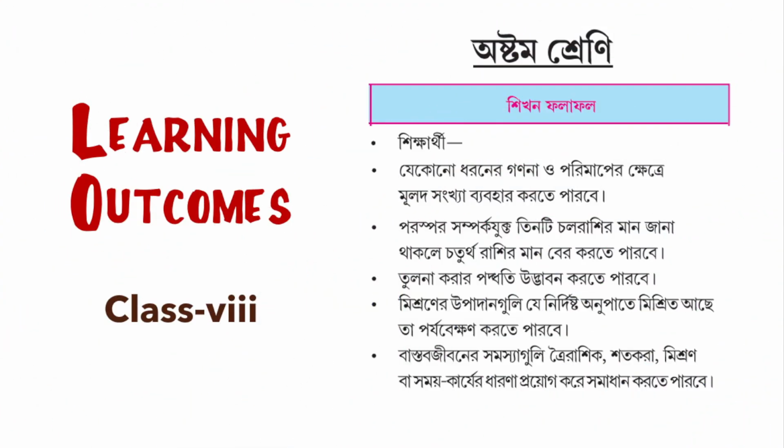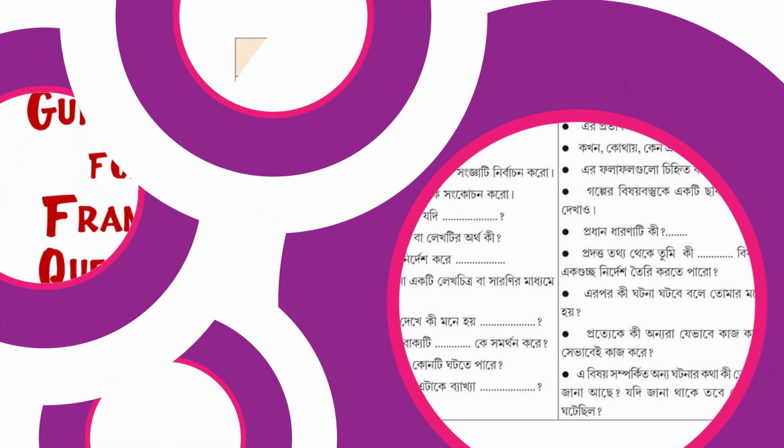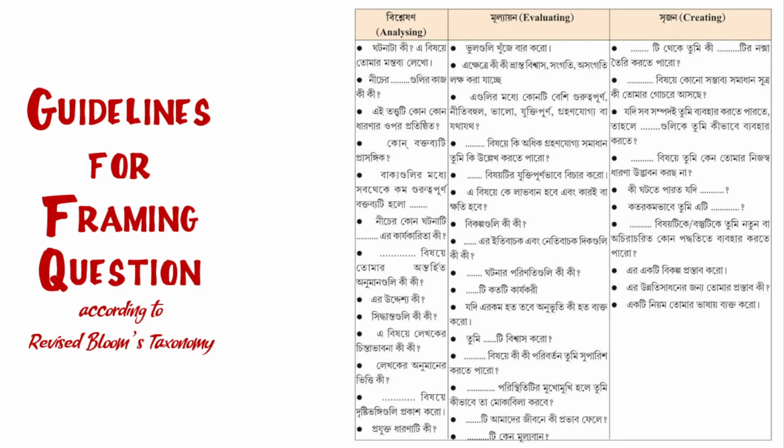Now here is an example of how we can choose learning outcomes for class 8 mathematics students. Now this is the guideline for teachers for framing questions according to revised Bloom taxonomy. Here the labels are remembering, understanding and applying.